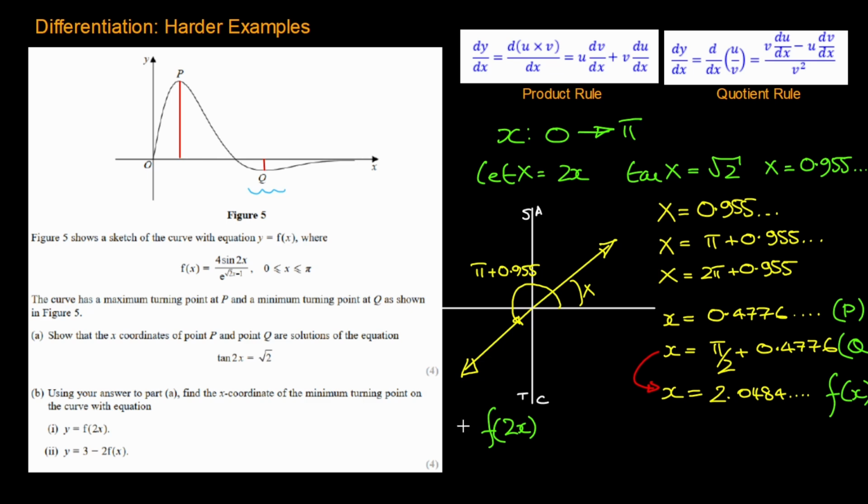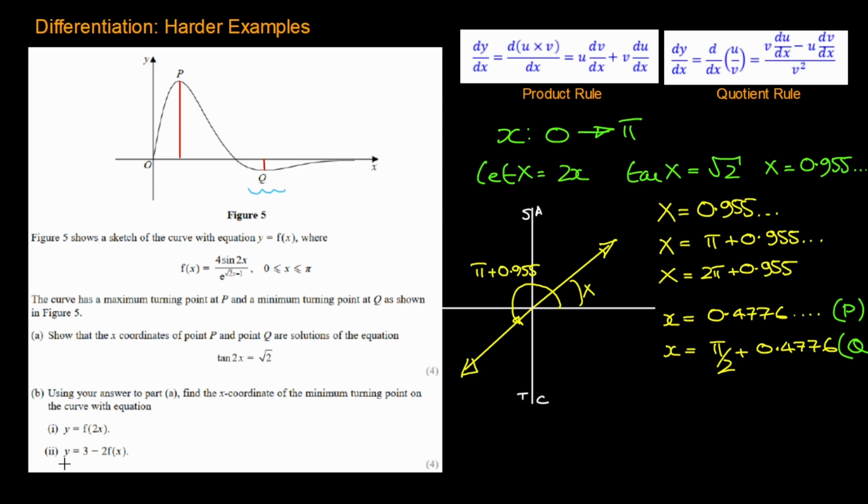So the x-coordinate of f(2x) will be our original value, which is 2.0484 divided by 2, which is equal to 1.024, and that is 3 dp. And that is your first answer.